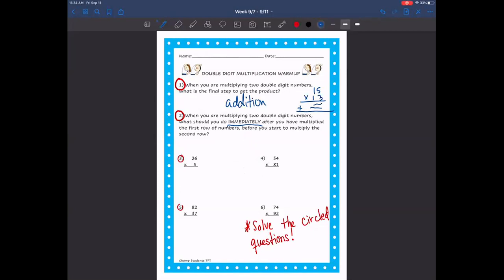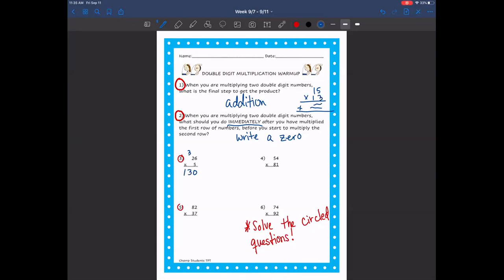All right, so I'm going to write a 0. All right, so number 3, we have some simple multiplication. So 6 times 5? 30. 5 times 2? 10. Plus 3? 13.